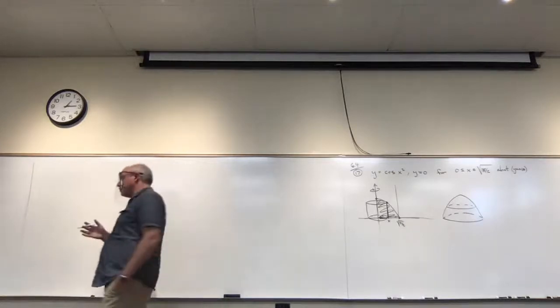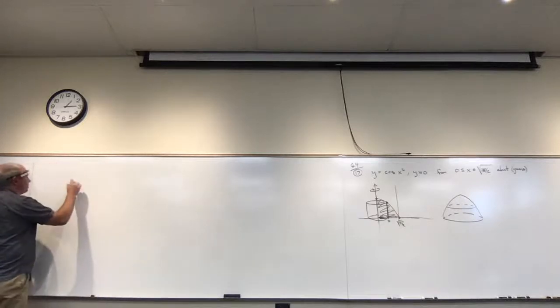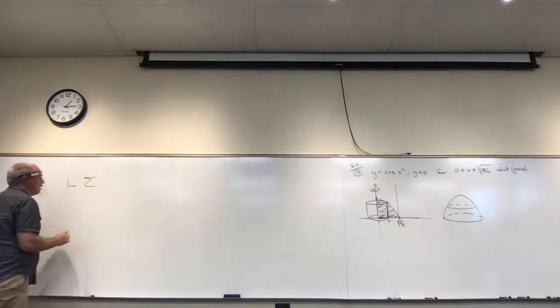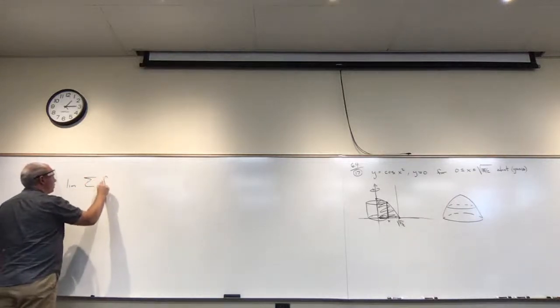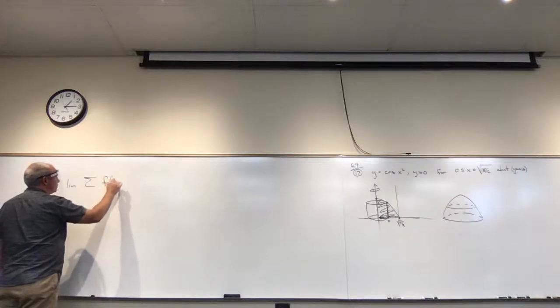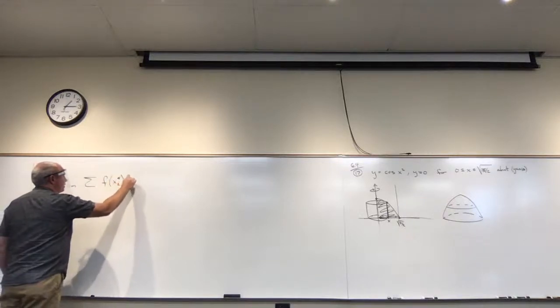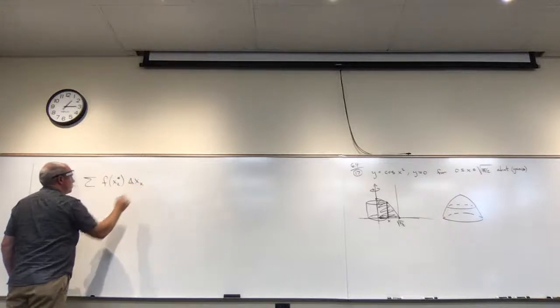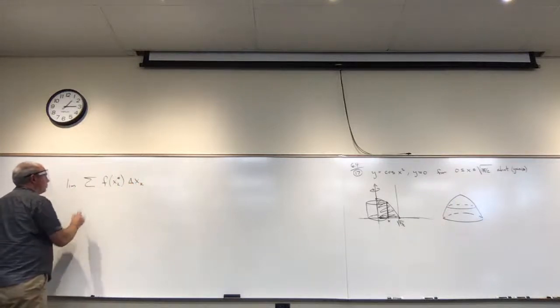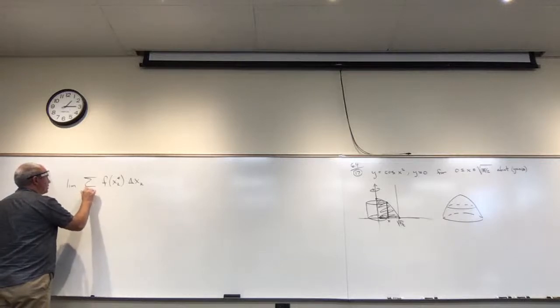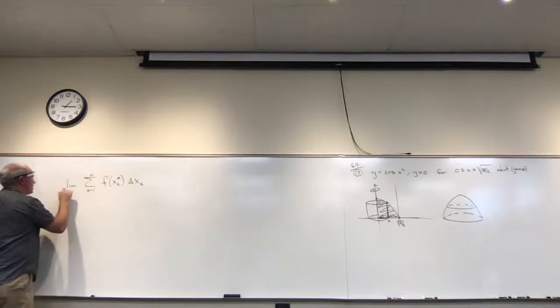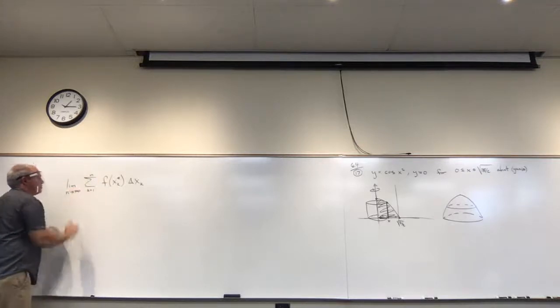A true Riemann sum looks like the limit of a sum of some function at some x sub k star times delta x sub k, where k is going from 1 to n typically, and this is the limit as n goes to infinity.